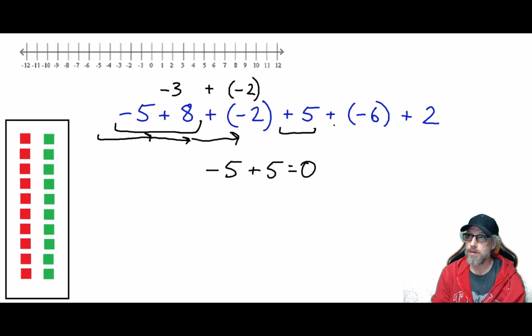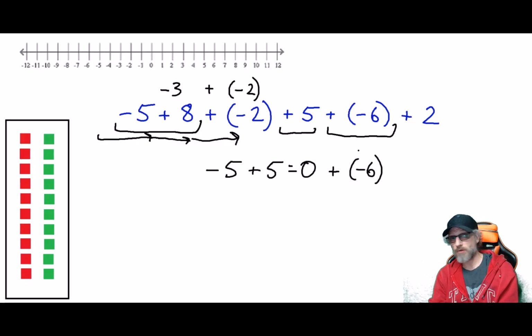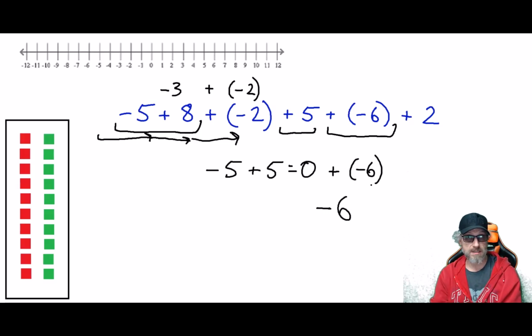So 0, bring in the next one, plus negative 6. Well, hopefully we remember a property that anything plus 0 is that same number. We should still be left with negative 6, but all of our other ideas still work. Negative 6 on a number line plus 0, so we go 0 units left or right, doesn't matter. 0 units is we're still at negative 6.